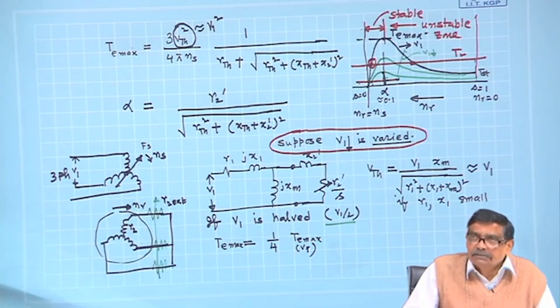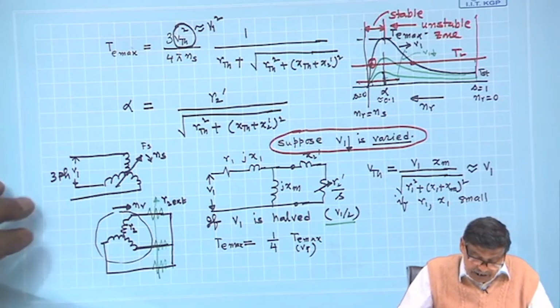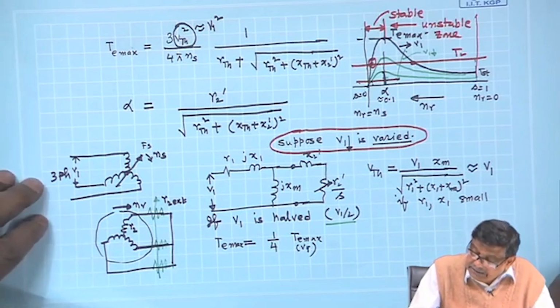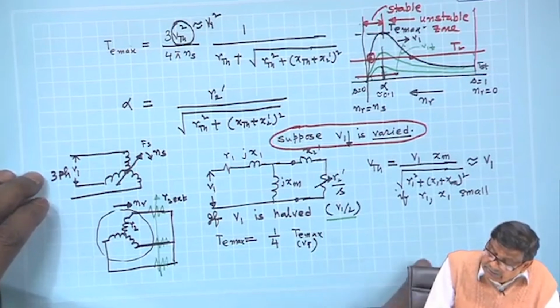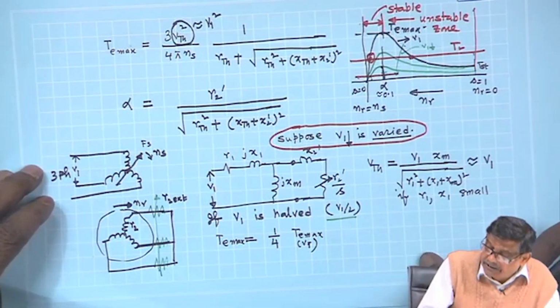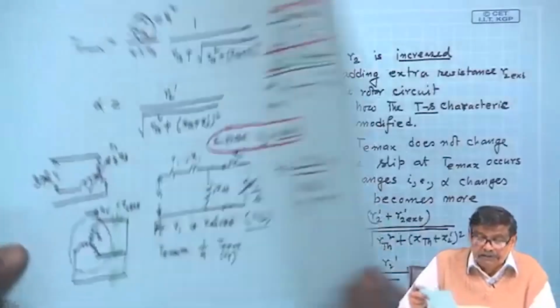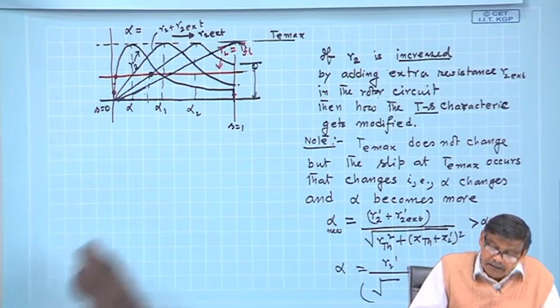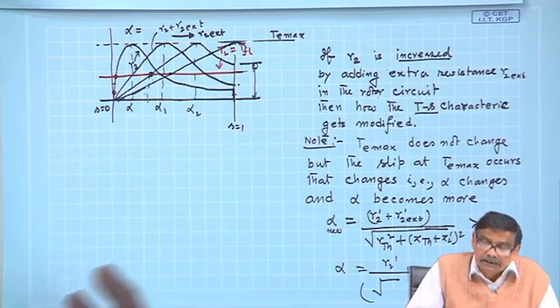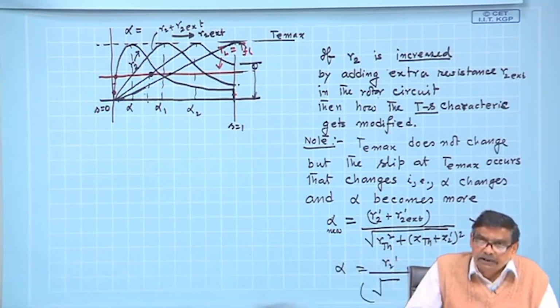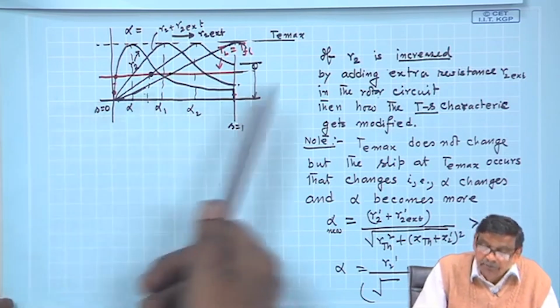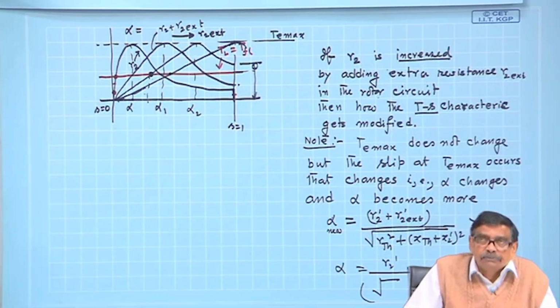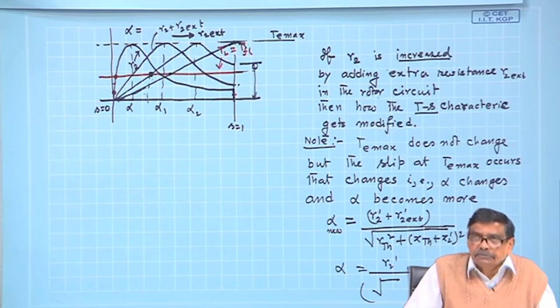The answer is obviously no, because if you keep the resistance in the circuit permanently after exploiting the starting torque advantage, the rotor resistance will be R2 plus R2 external, and the power loss in the rotor circuit will then be more while supplying the full load torque. Efficiency of the motor will reduce.